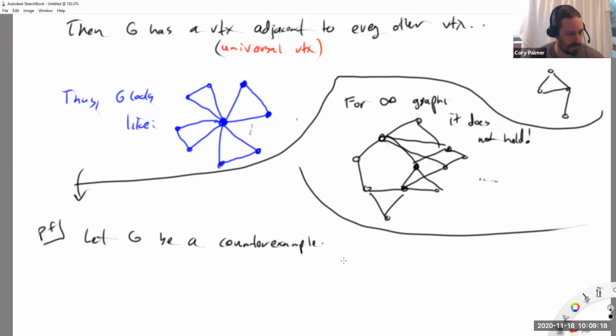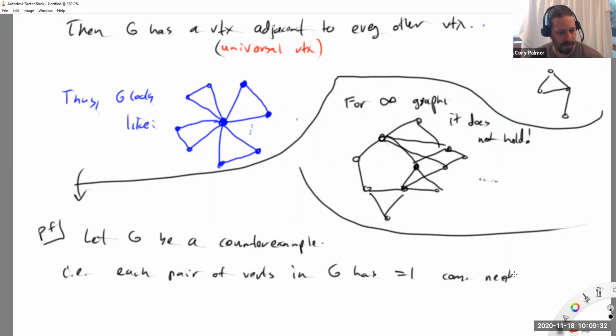I.e., each pair of vertices in G has exactly one common neighbor, but no universal vertex. And we're going to arrive at some kind of contradiction.